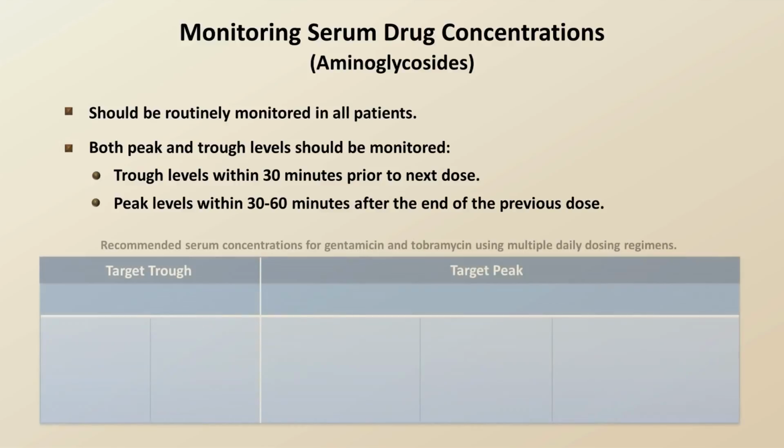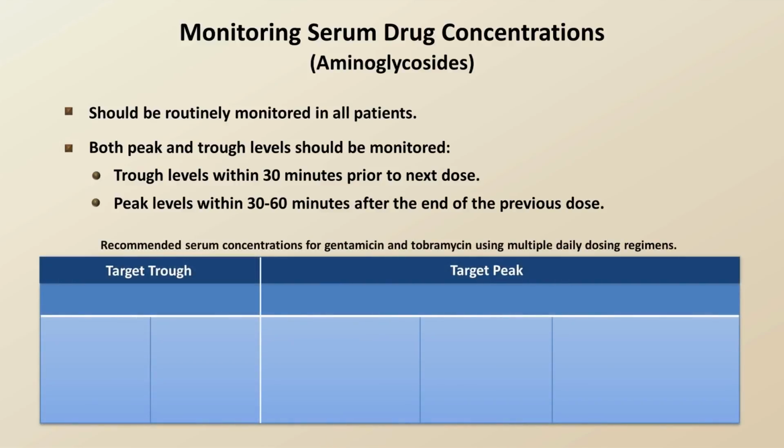As with vancomycin, target levels depend upon indication. Regarding the target trough level for gentamicin and tobramycin, it is 1 to 2 micrograms per deciliter for life-threatening gram-negative infections, and less than 1 for all other infections.